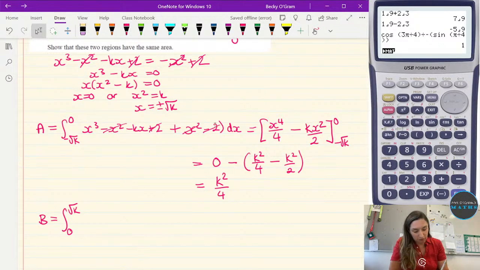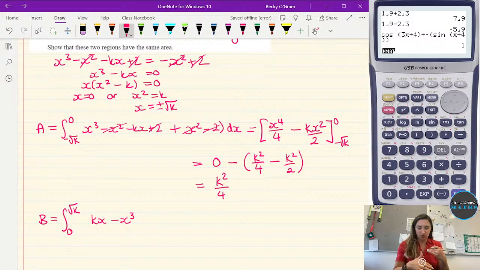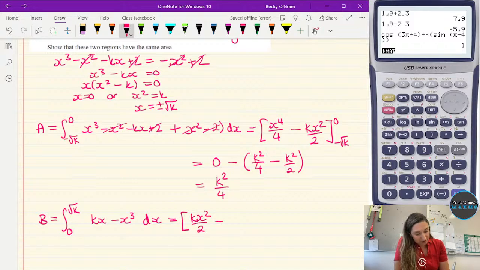So this time we will end up with kx minus x cubed, because the subtraction would have been done in reverse. You could write it out again, but it's going to come out to that. So we have very similar, but with opposite terms, like this. Let me just tidy that up. 0 to root k.